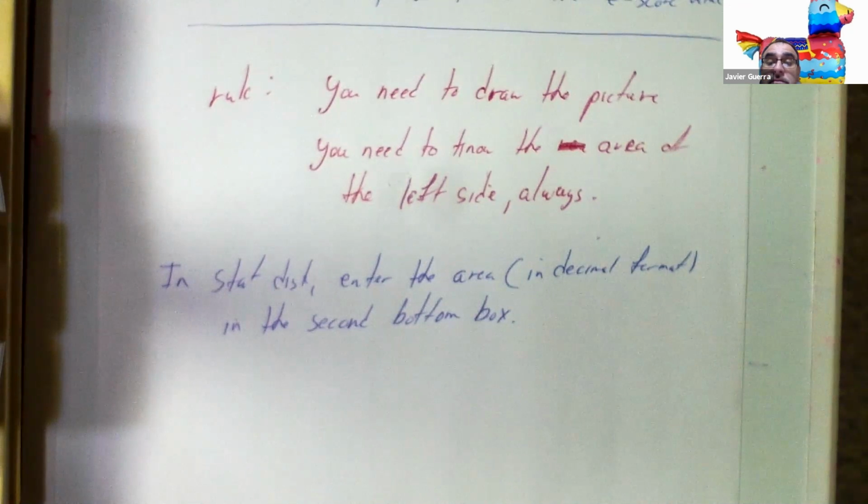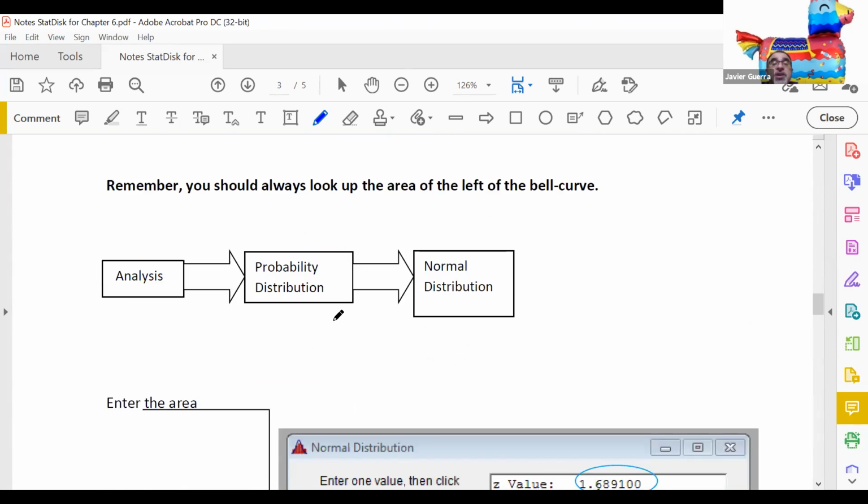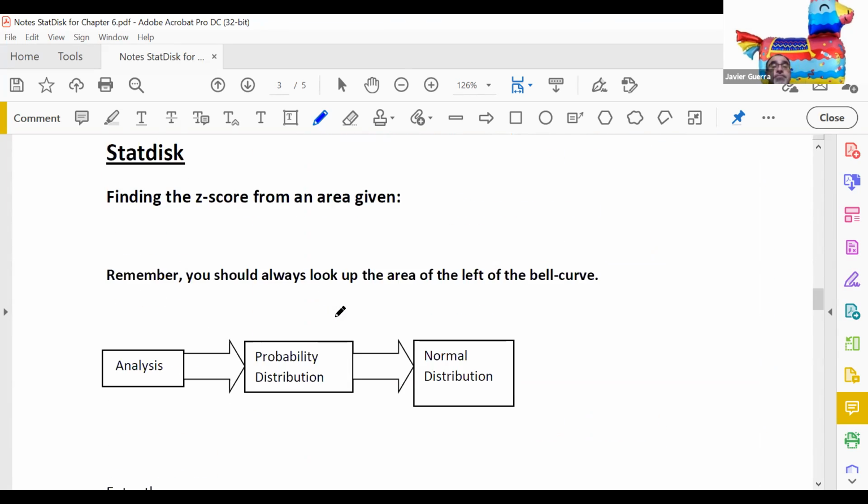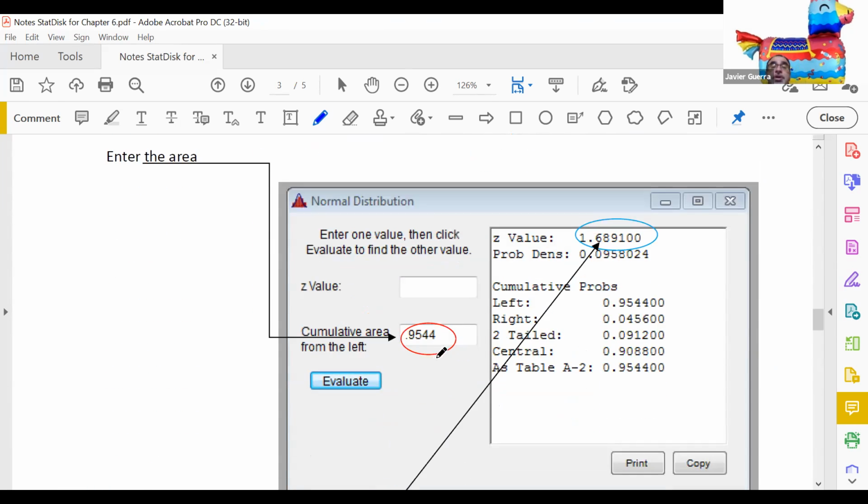Let me show y'all on my notes. There it is. It's page 3 of the handout that I gave you all. You're finding the z-score from an area given, right? I even put it on the notes too. Remember, you should always look up the area to the left of the bell curve. Again, you're going to go to analysis, probability distribution, normal distribution, and put your area in that box right there.